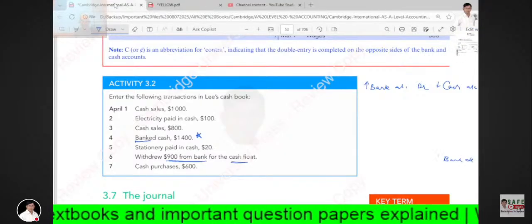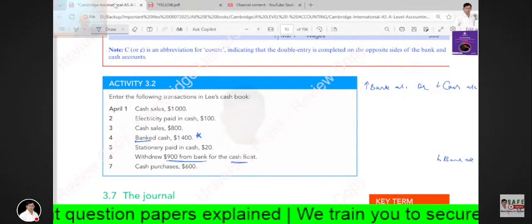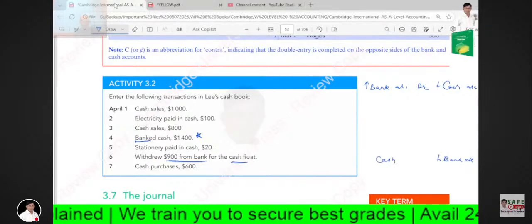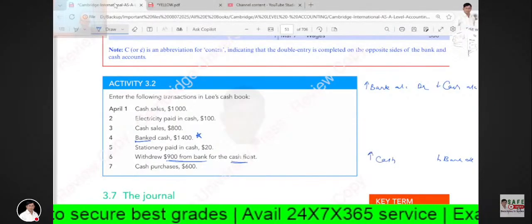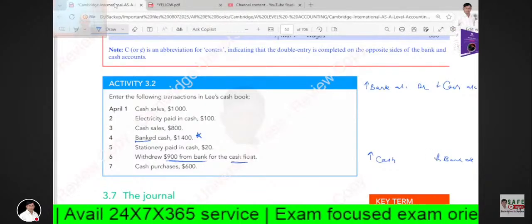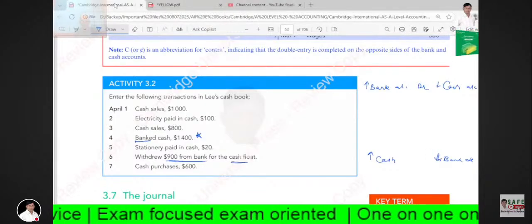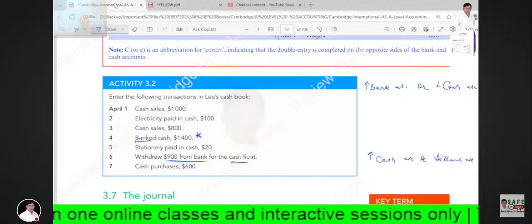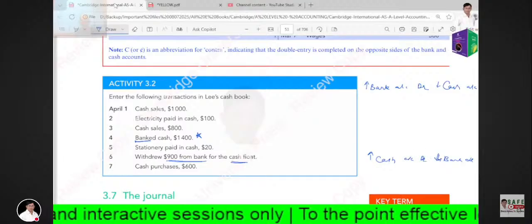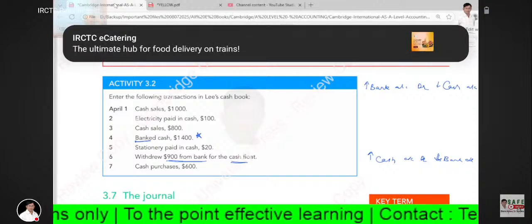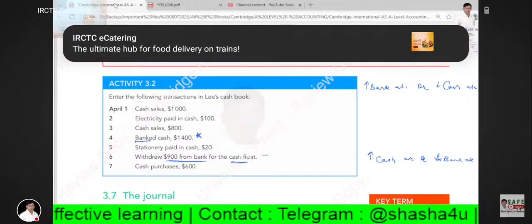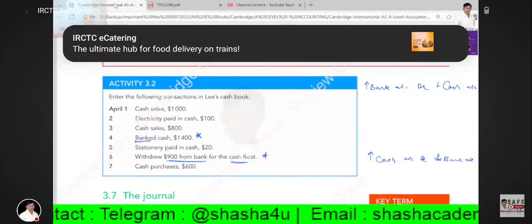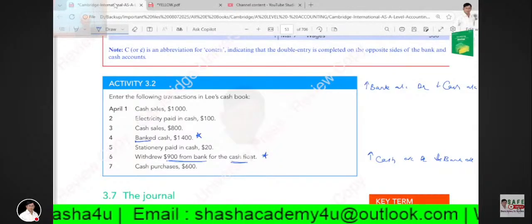Cash is increasing, and money is decreasing in the bank account. So remember, cash account will be debited and bank account will be credited. A lot of students make mistakes here also and get confused. Understand this. This is very, very important.